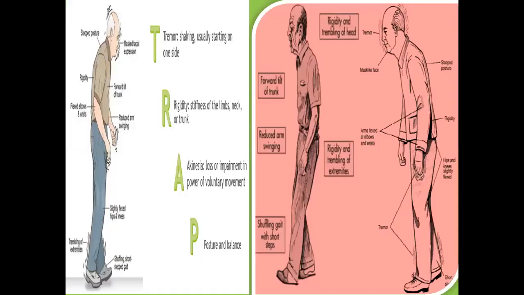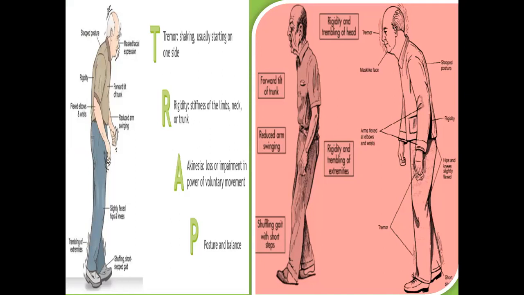The next slide: the main symptoms of Parkinson disease. Being a physiotherapist, these four symptoms we deal with through some physical therapy approach. Everybody should understand TRAP. T stands for tremor, R stands for rigidity, A stands for akinesia, P stands for posture and balance.